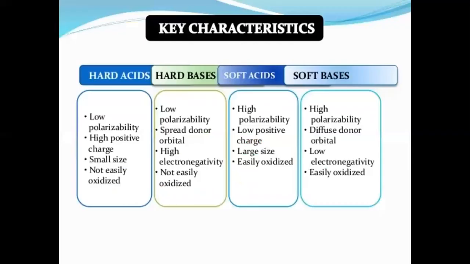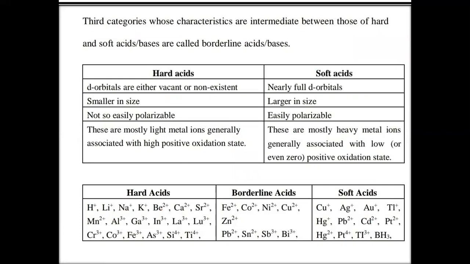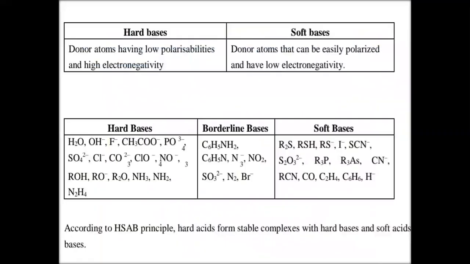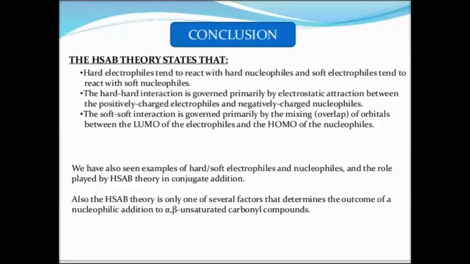The key characters for hard acids, hard bases, soft acids, and soft bases were explained, and along with the key characters, different examples of hard, borderline, and soft acids were given. Similarly, different examples and characteristic points for hard bases, borderline bases, and soft bases were explained. Based on this, the conclusion has been drawn for the HSAB theory.